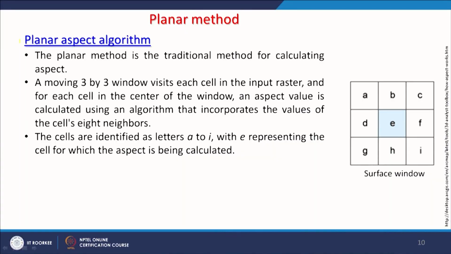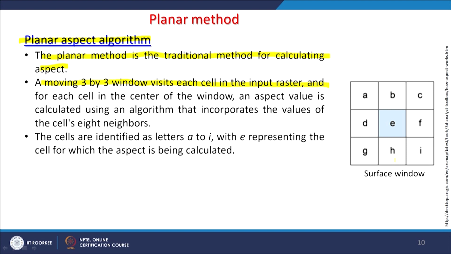Now, when we go for the planar aspect algorithm, this planar method is the traditional method for calculating aspect, but there have been some other developments as well. The moving 3 by 3 window visits each cell in the input raster, and for each center cell of the window, the aspect value is calculated using an algorithm that incorporates the values of all 8 neighbors.